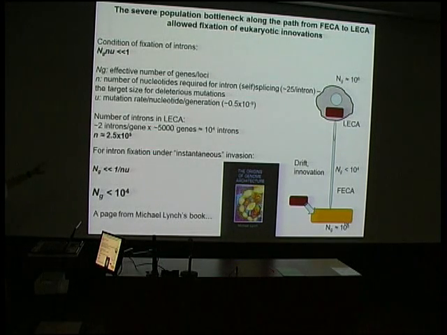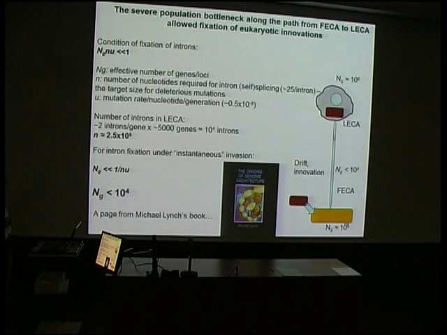And using the formalism that Michael Lynch introduces in the book and other publications, what we can estimate is that at the origin of eukaryotes, there was an incredible population bottleneck, which was the necessary condition for the fixation of all these introns.